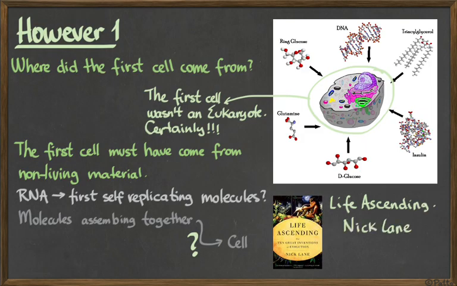We'll see more about that. If you are curious about how this could have happened, you can read this book called Life Ascending by Nick Lane. It shows a very good view of the origin of life. There will be a discussion later about the primordial soup, the Urey-Miller experiment, that if we put methane and hydrogen and ammonia together with water, heat, sparkles, then we can make organic molecules and stuff.